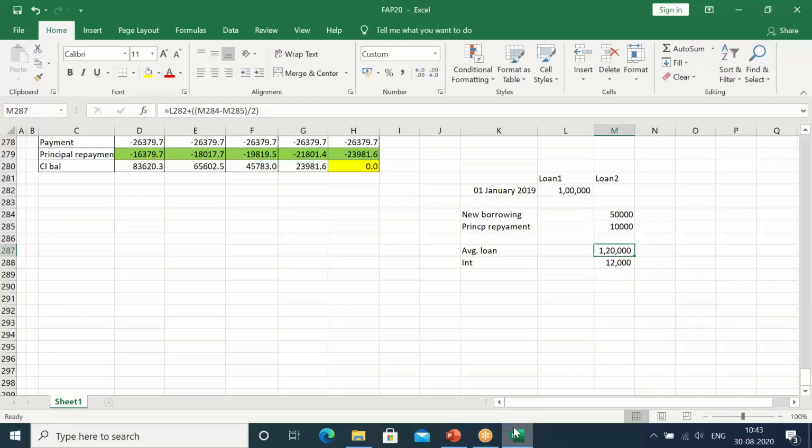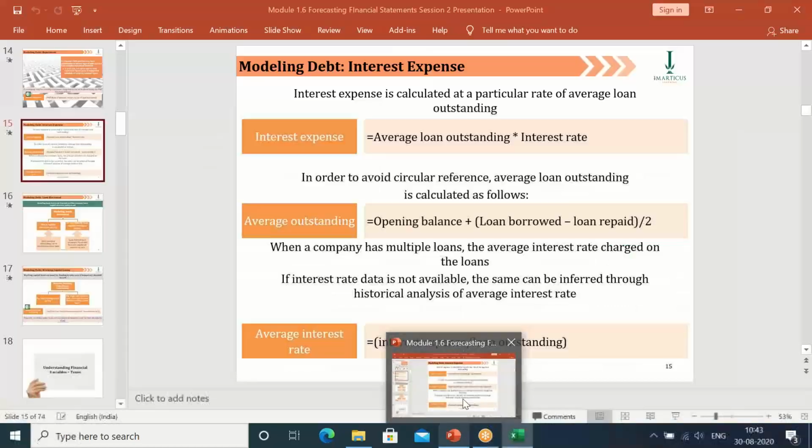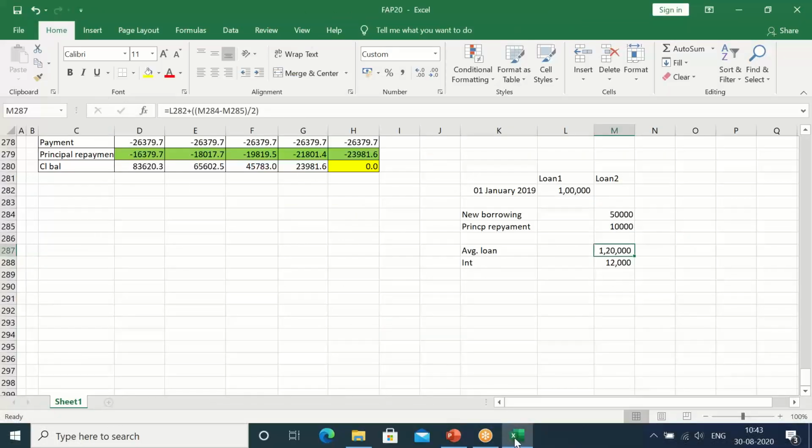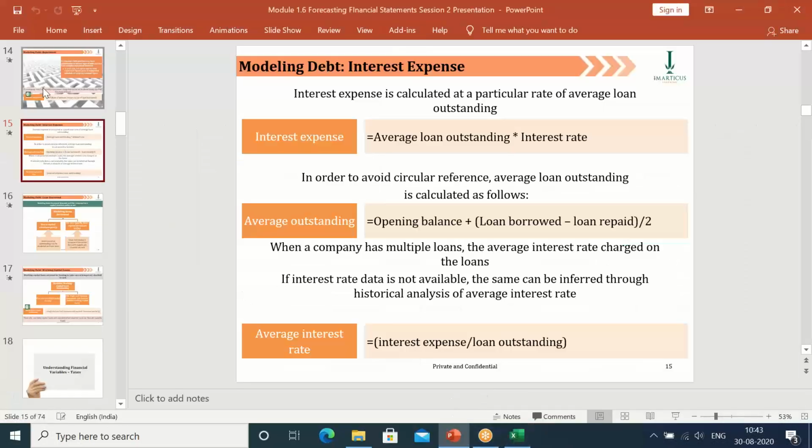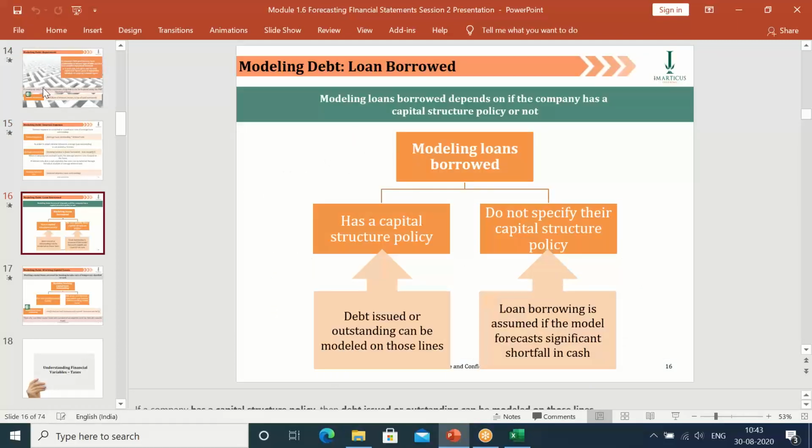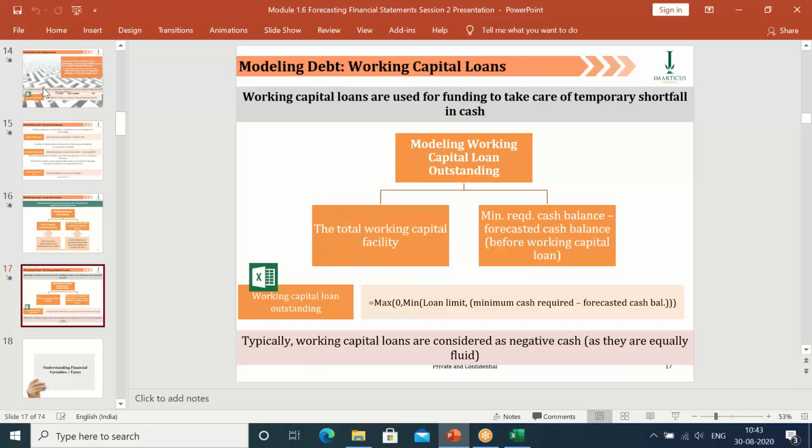Okay, so we should discuss. A company takes loans in two categories: one is a working capital loan, and the other is a long-term loan. So we'll discuss the long-term loan. Any questions on the long-term loan before we go to working capital modeling?